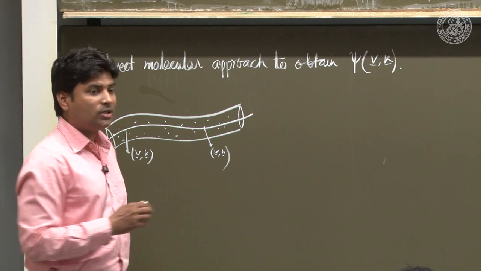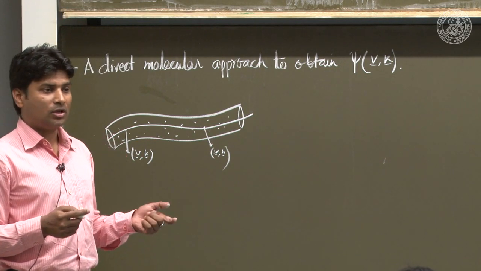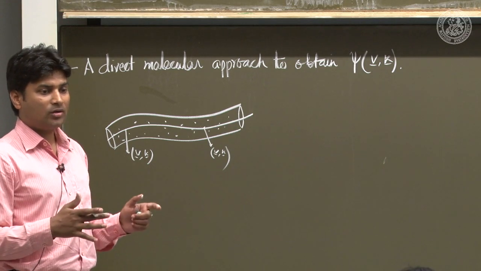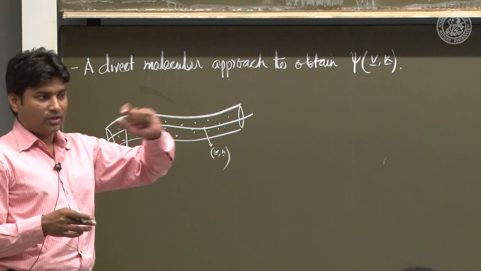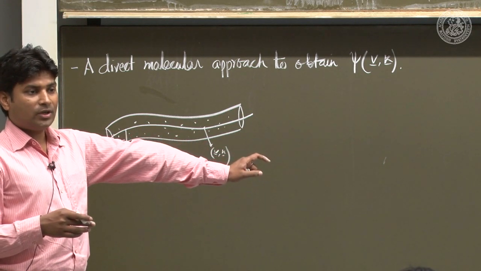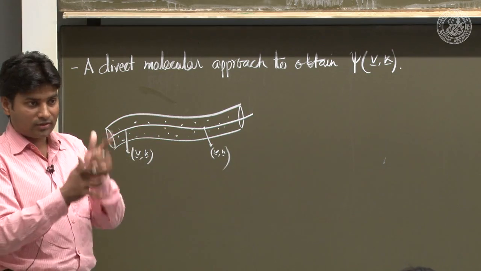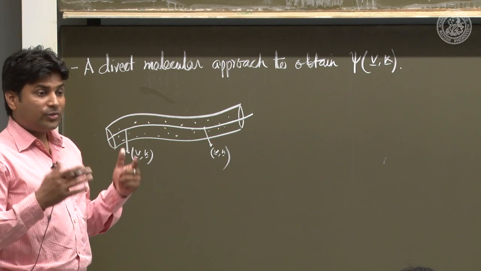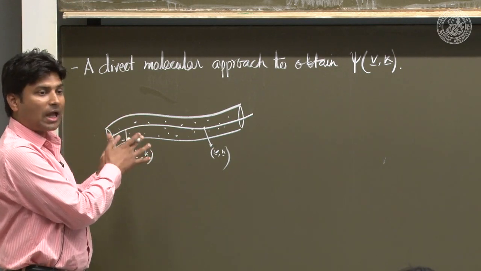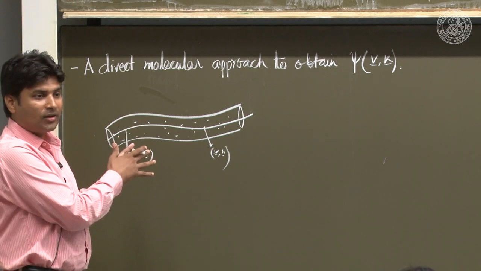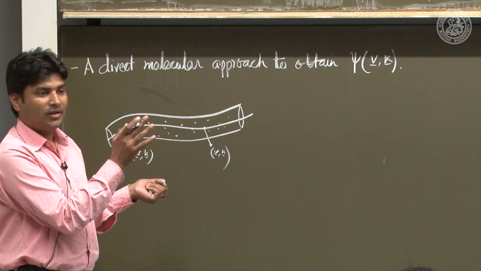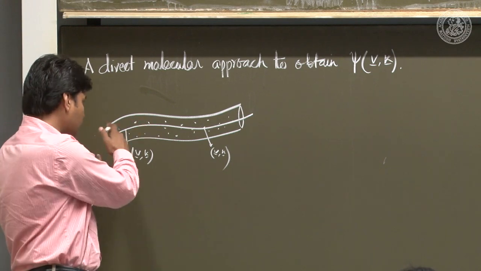So, just as we did for the 3D continuum, what did we do for the 3D continuum? We subjected the continuum rod to a constant V and K, isn't it? And then we reduced the rod problem to a cross section. In a similar way, we can think of subjecting the nanorod to a constant V and K, to a deformation such that it has the same V and K all along.